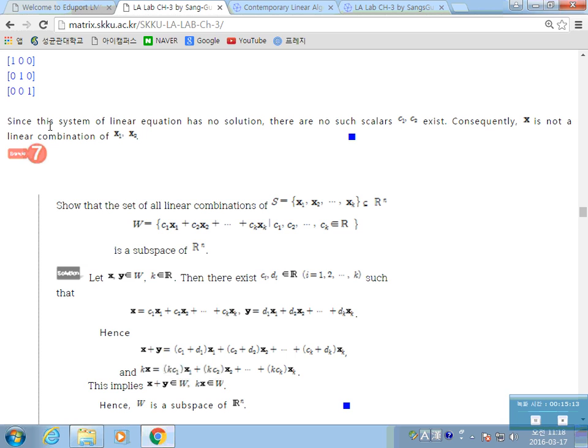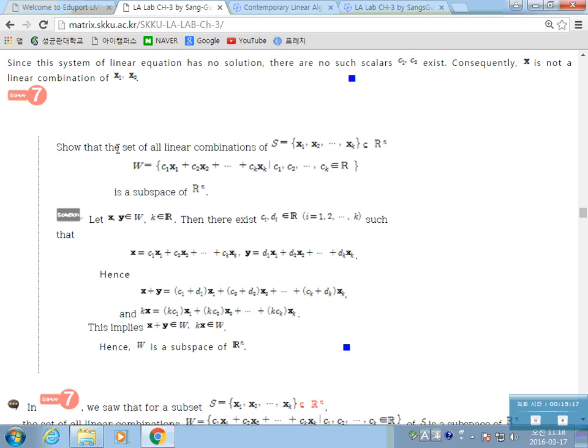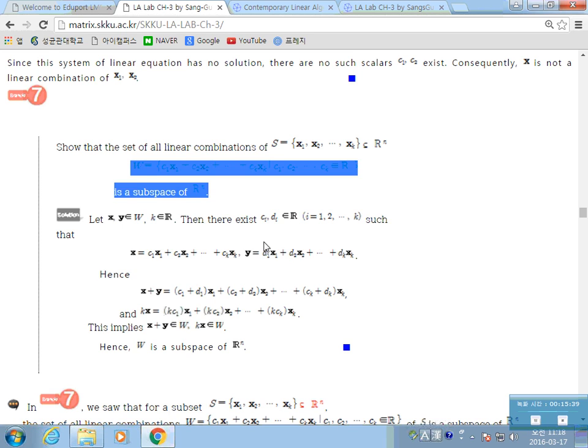Now we expand it to the general case. Show that the set of all linear combinations of S, which is K vectors in Rn, let W be the set of all linear combinations of these Xi's from 1 to K. Then this W is a subspace of Rn. How?